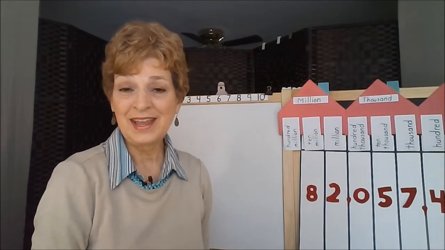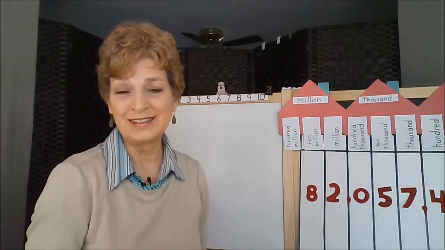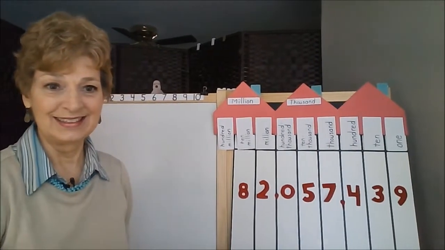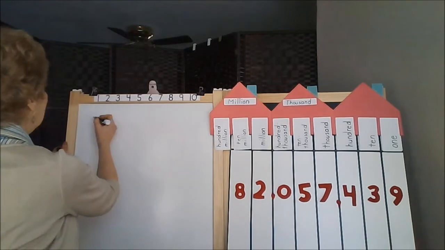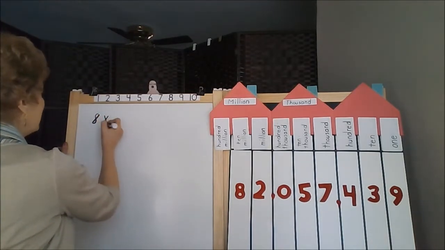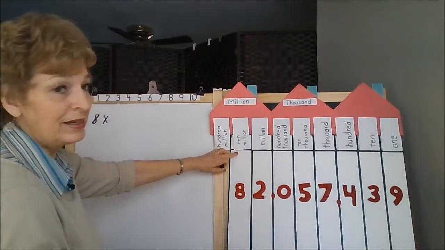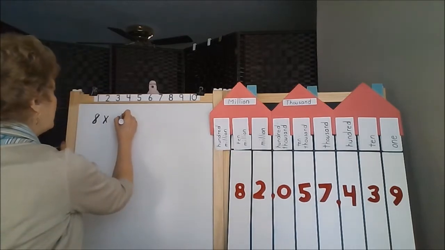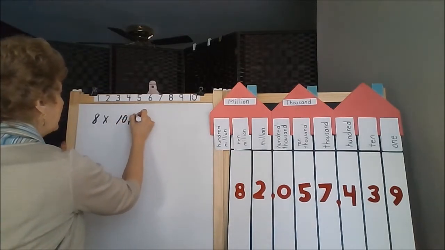Another more sophisticated way to expand the notation is like this. 8 is in the 10 millions column, so we would have to multiply 8 times 10 million.